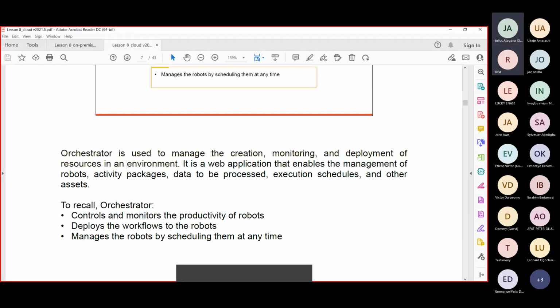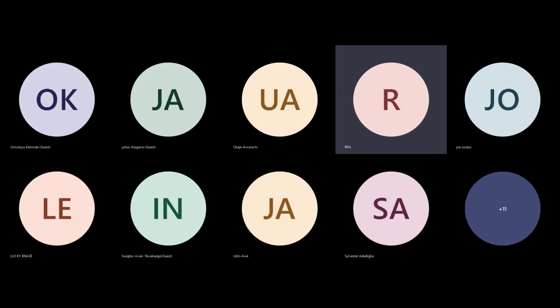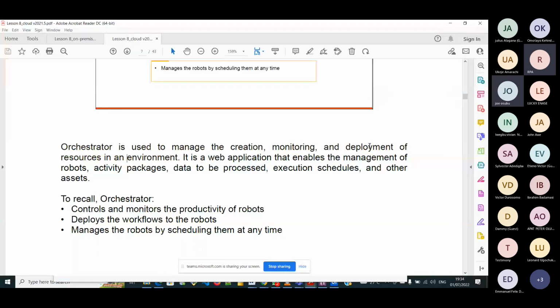I want to be very sure you are seeing my studio. It's still showing black. I think you are sharing only the PDF file. The red border around it shows you are only sharing that particular screen. Can you see my studio? Yes, sir, you can see it now. Okay, all right. And you can still see the PDF. Yes, sir. So it's working fine. Okay, good.